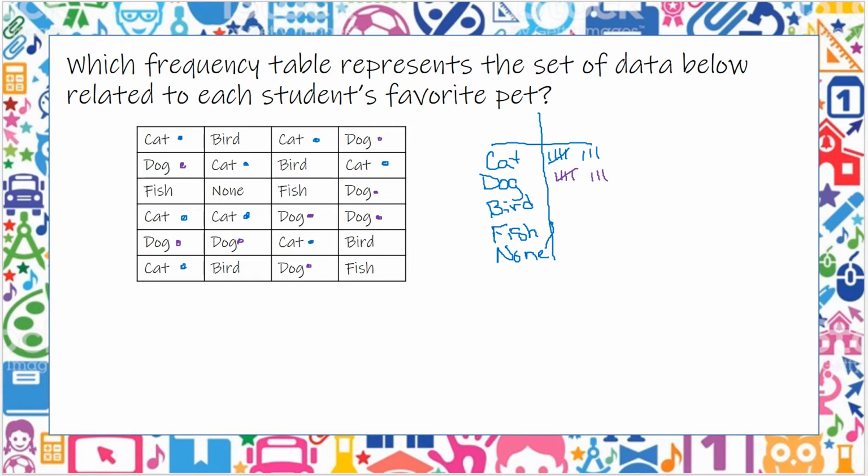Then birds: I've got 1, 2, 3, 4. And then fish, we've got 1, 2, 3. And then none would be just 1. So there is our frequency table. That's what it's going to look like. It doesn't have to be all different colors. That just let us separate those.